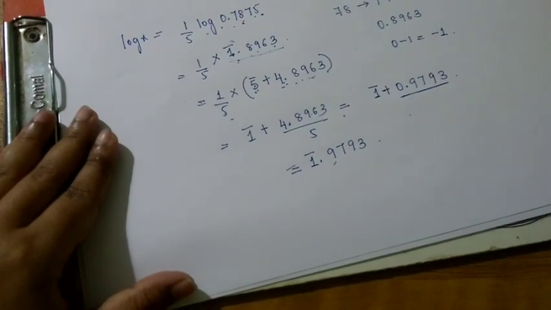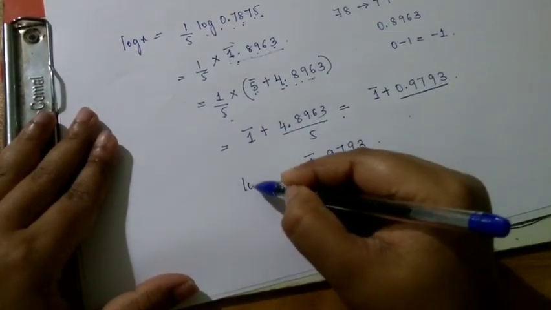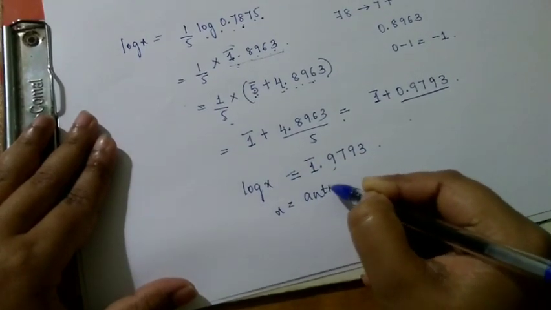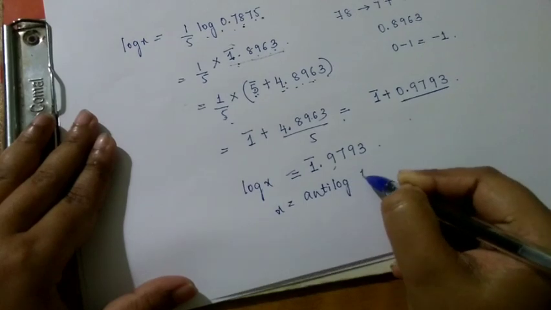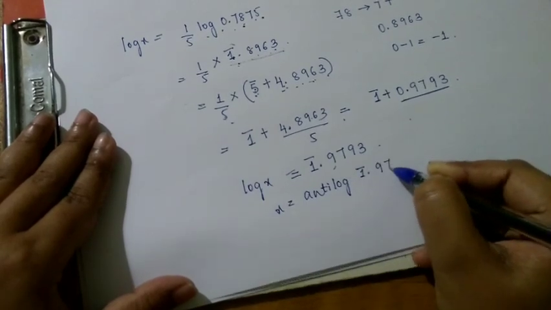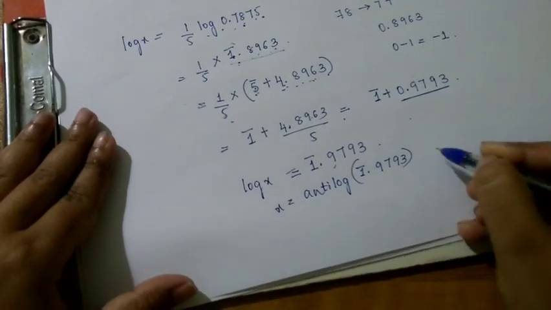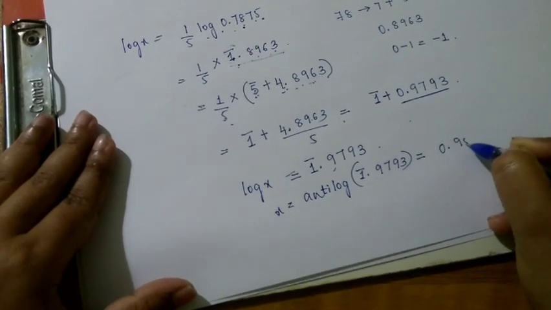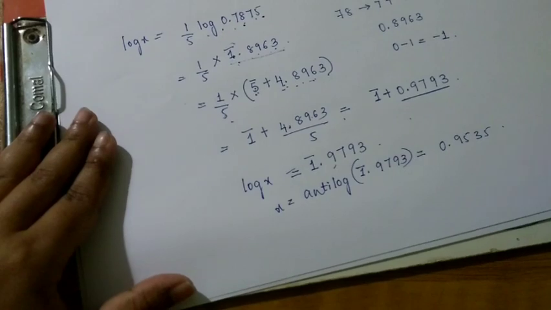Next you take the anti-log of this number. This is log x, so x is equal to anti-log of 1 bar 0.9793. So this will be equal to how much? 0.9535.